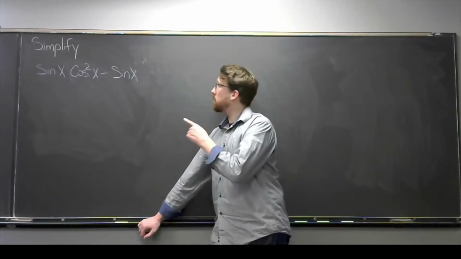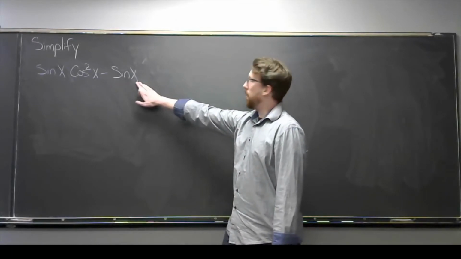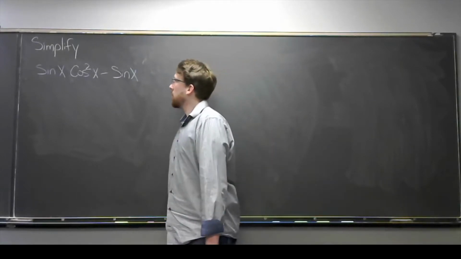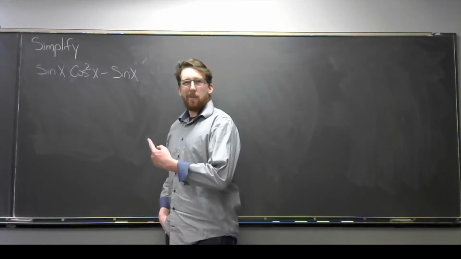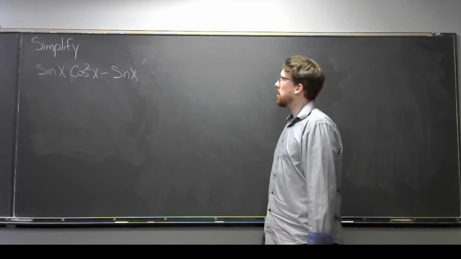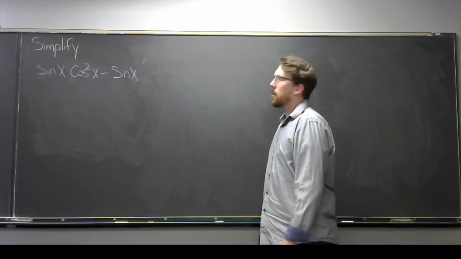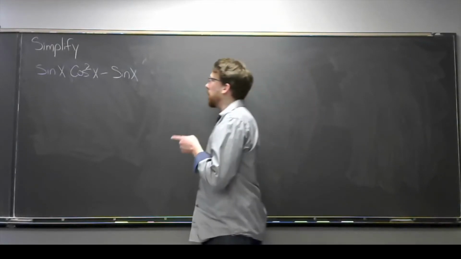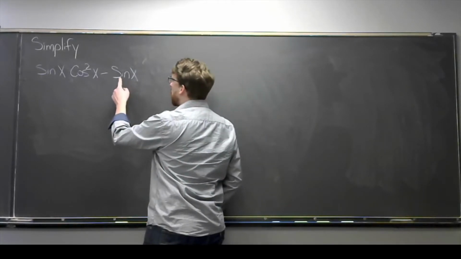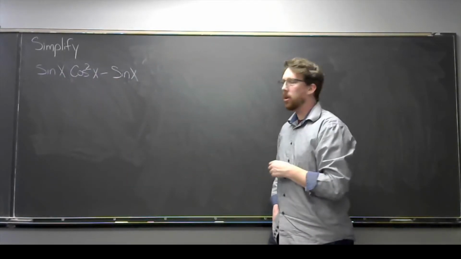So in this next example, we just want to simplify this expression. Well, looking at it right away, there's nothing that jumps out, right? Like nothing's obvious here. But if I think back to algebra, we might recall that we can pull out sine x, right?